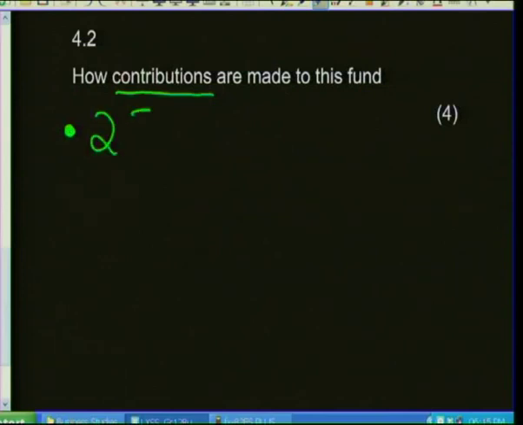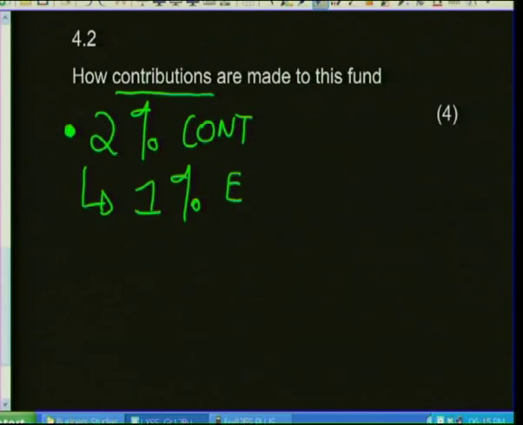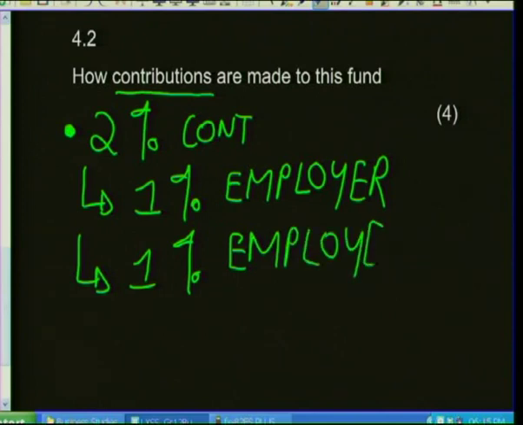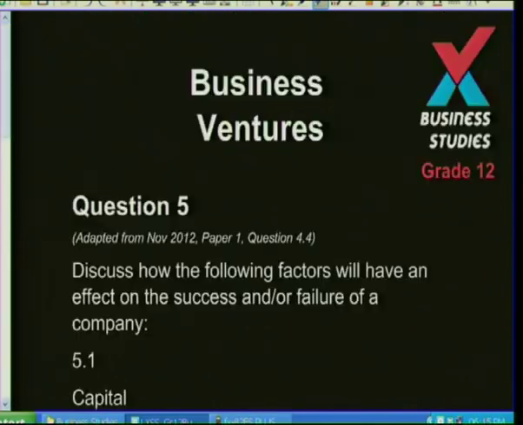There's a 2% contribution, of which 1% is contributed by the employer and another 1% is contributed by the employee, giving you your 2% contribution. There we go. That was question 4.